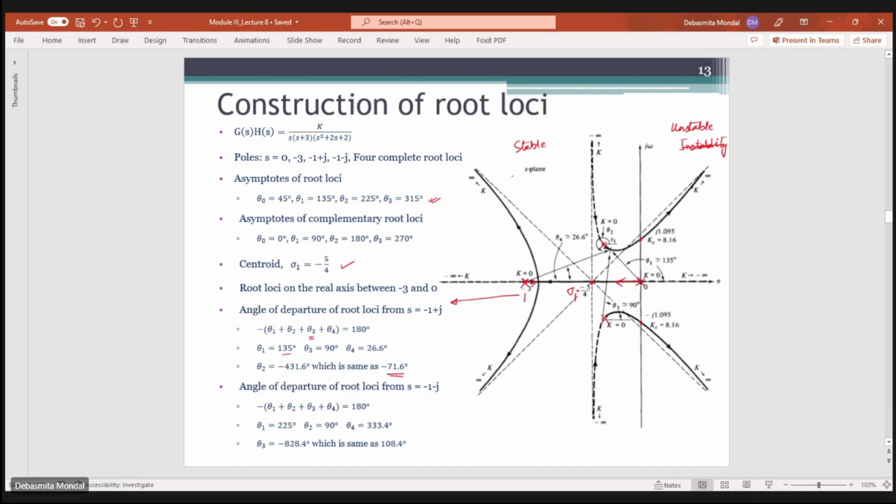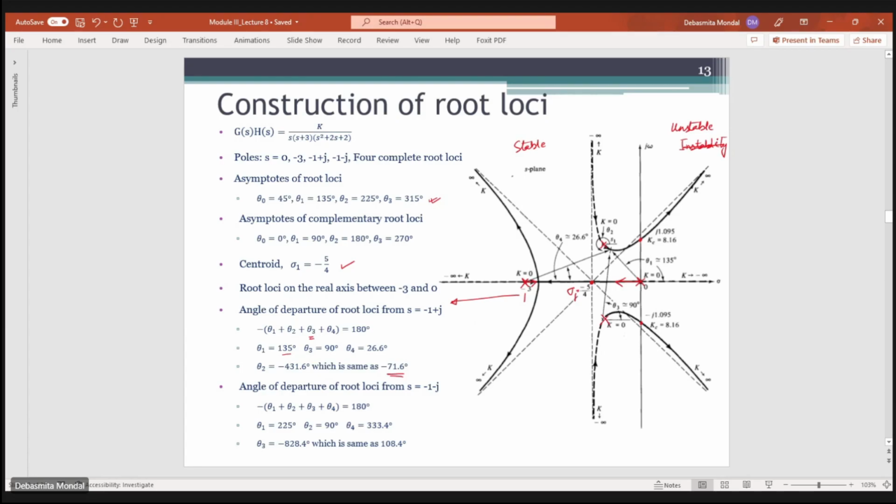Obviously, moving towards each other means they will meet at some point. Once they meet, they have to go somewhere after meeting, right? So where will they go? They will break away from that point. Obviously they can't go back to the previous position, because it started from the pole and it has to end at a 0.